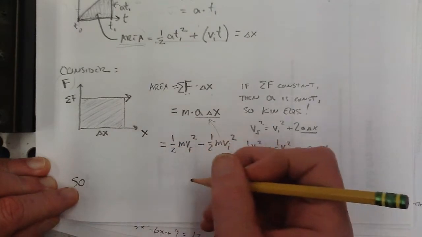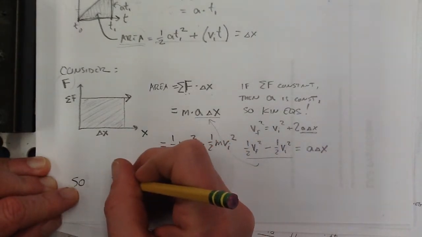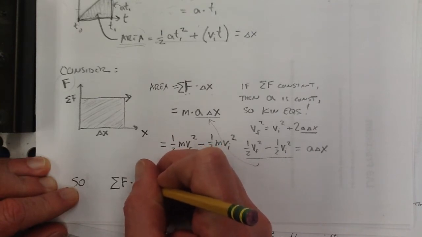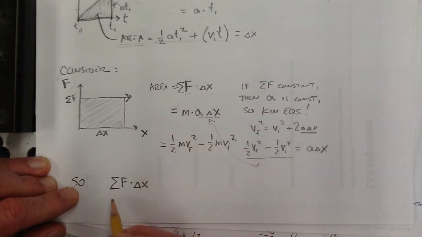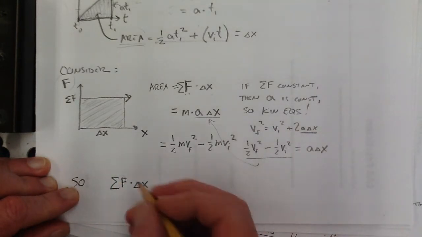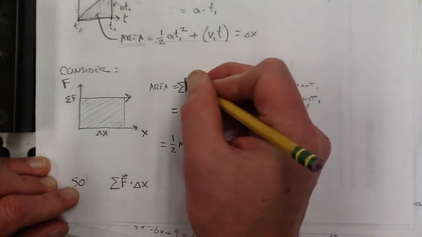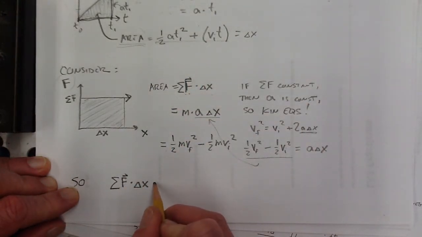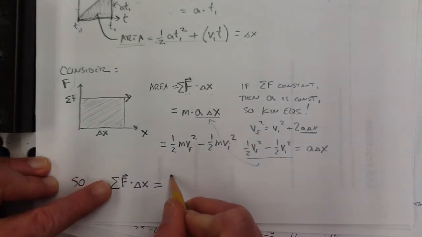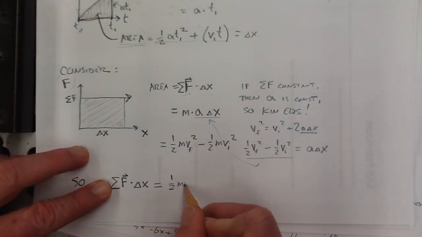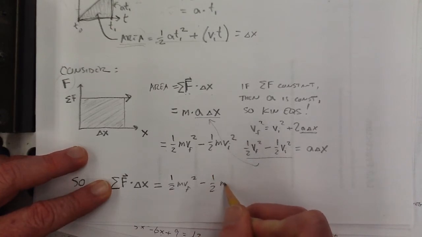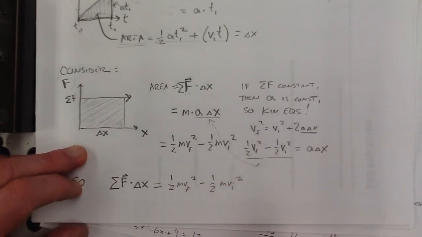If we have the sum of all forces times some displacement, so some unbalanced force (of course, if this is 0, then that's not very interesting), we have the sum of all forces here times some displacement, and that is equal to 1/2 m Vf squared minus 1/2 m Vi squared.